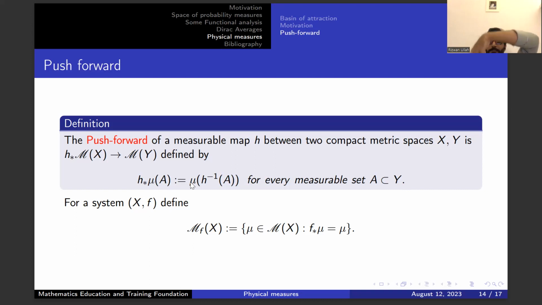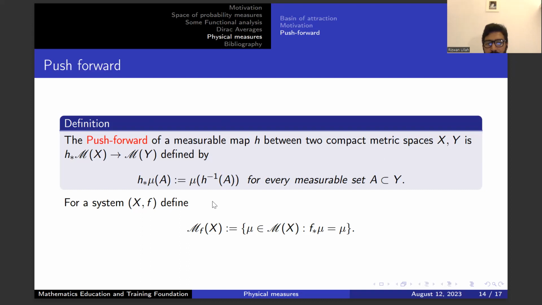So you basically pull it back through H. H is a map from X to Y. So you choose a set A, a measurable set in Y. You pull it back to X. Now, since the measure mu was a probability measure over the space X, you can figure out its image. So with the help of this pulling back and taking the image, you are pushing your measure to another space.